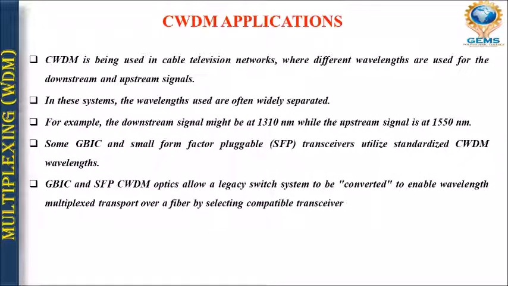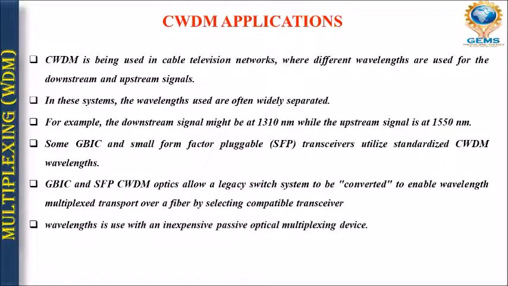GBIC and SFP CWDM optics mainly allow the legacy system to be converted to enable wavelength-multiplexed transport over fiber by selecting the compatible transceivers. These wavelengths are widely used and it is inexpensive as compared to other multiple devices.